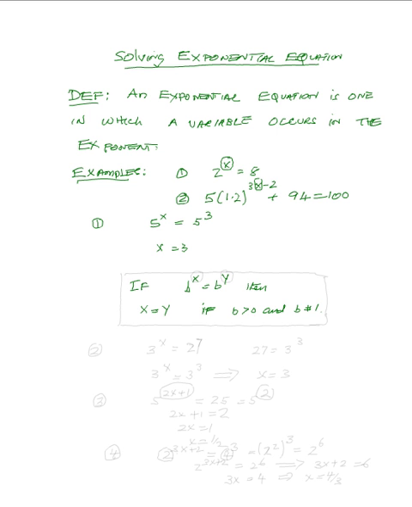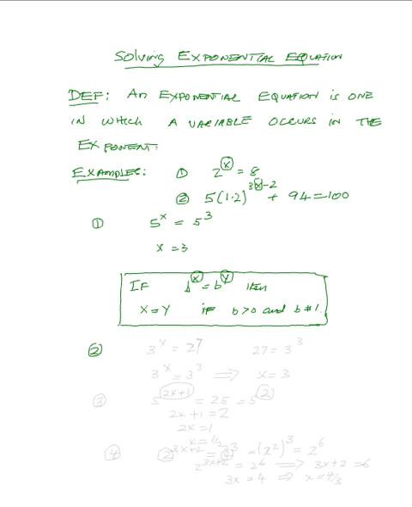The property that we use here can be summarized like this: if b to the power of x is the same as b to the power of y, then the two exponents, x and y, must be equal to each other, as long as b is a positive number and is not equal to 1. Now let's look at our second example.